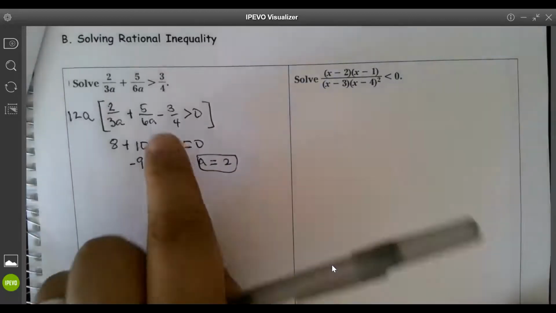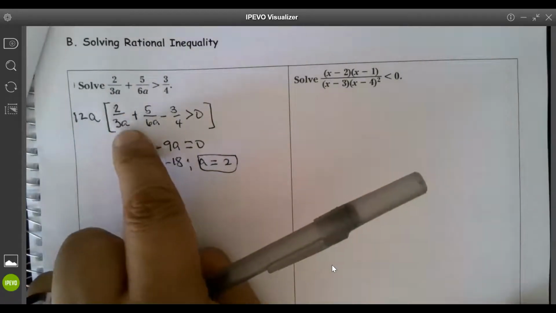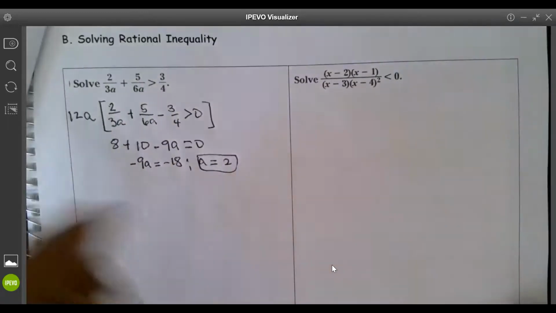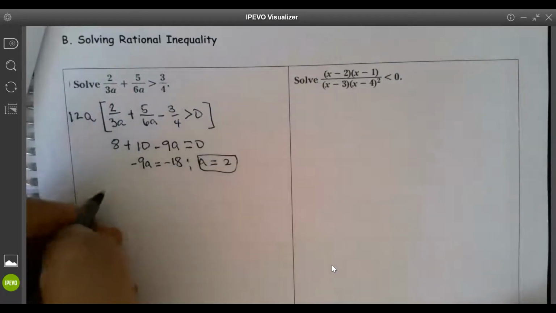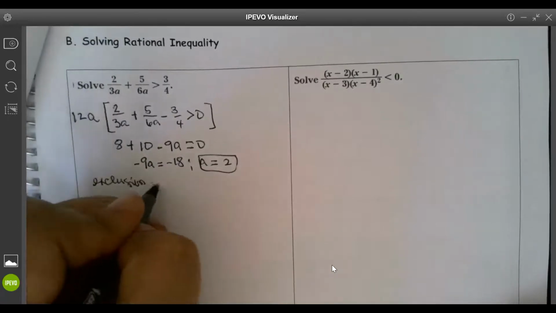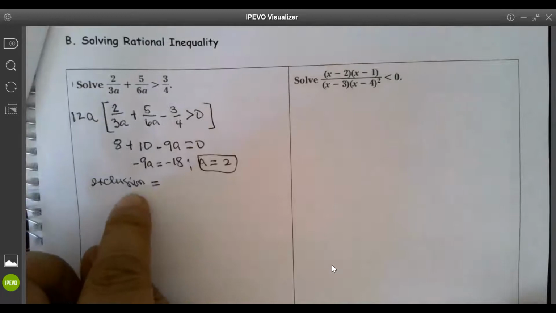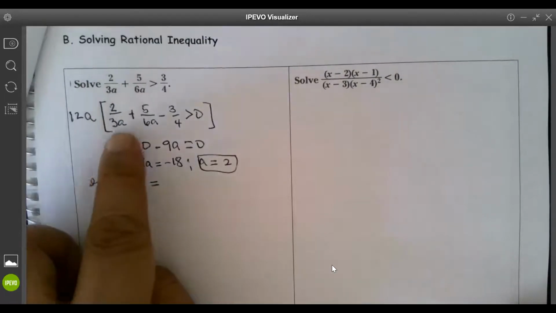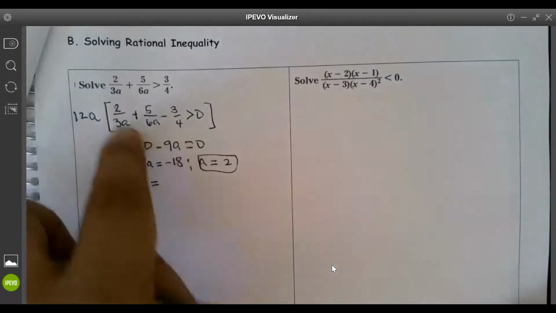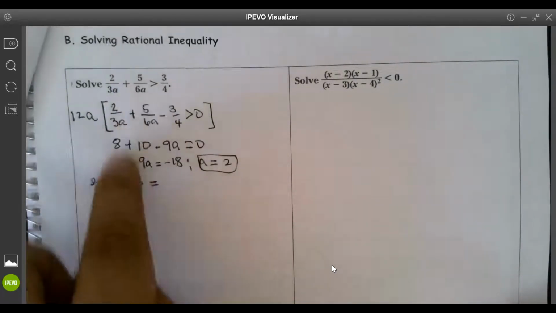And then if you look at this, these are fractions. And so there is an exclusion here: A cannot be equal to something. What is the value of A that is excluded from this being a fraction?